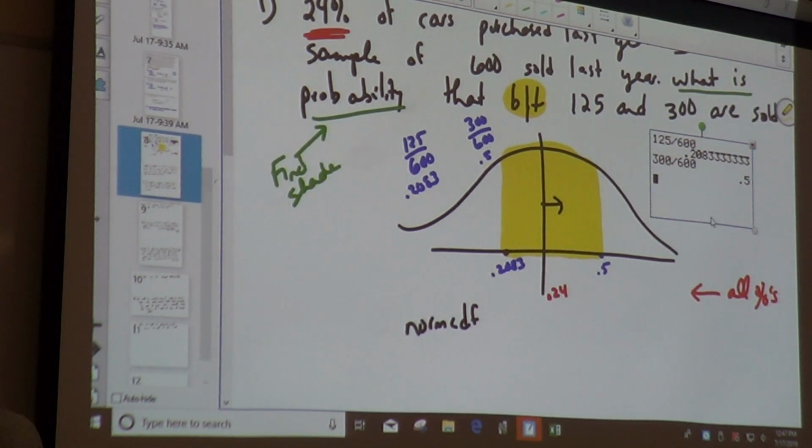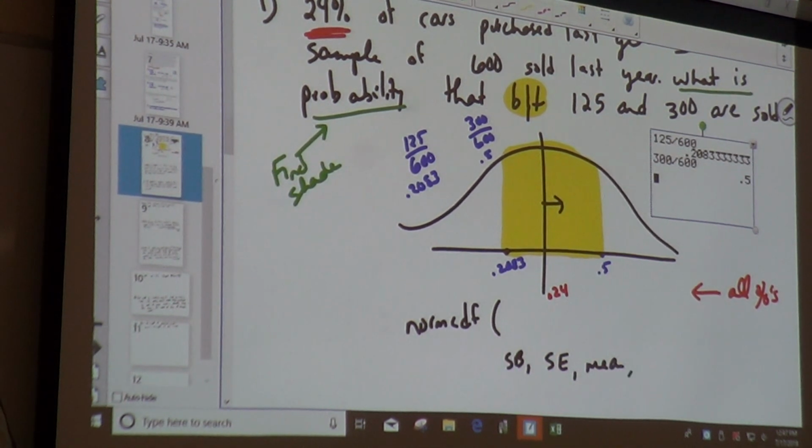Now, when I do normal CDF, I do, where does the shade begin, where does the shade end, what is my mean, and what is my standard deviation? Where did my shade begin? 0.2083. Where did my shade end? 0.5. What is my mean? 0.24.